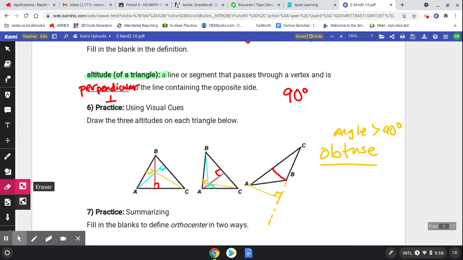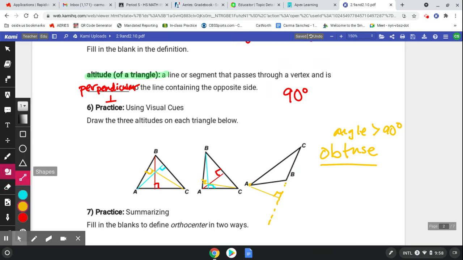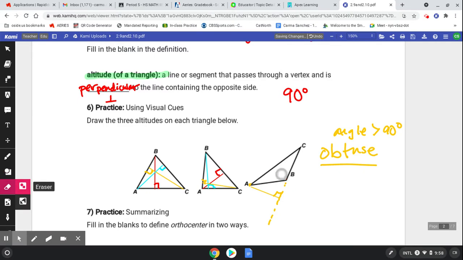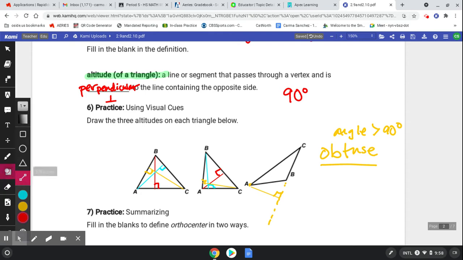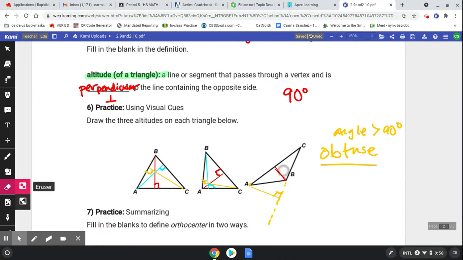Oops, I keep forgetting to use my little pen. Let's go draw a different altitude like this. Oh my gosh, I keep accidentally grabbing the wrong tool.